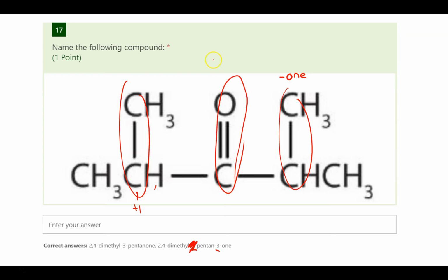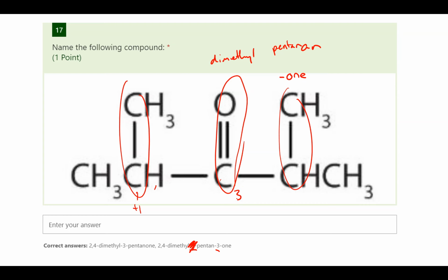Then we've got the methyls, so it's a dimethyl. It's an -an- because there's no double or triple bonds. Then we add them up: 1, 2, 3, 4, 5. We can number from either side. So it's a pentane. Then we put all this together.